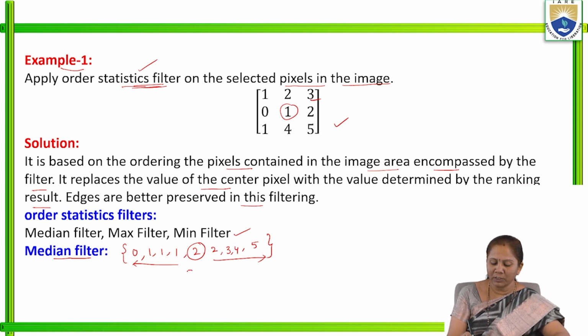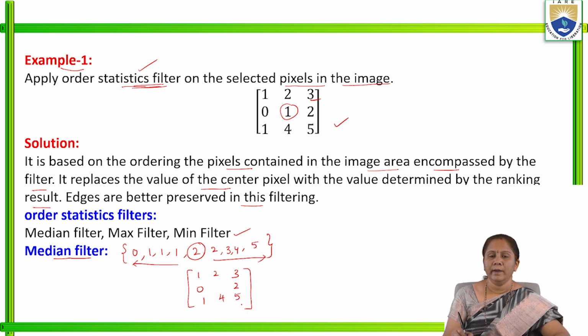The output image will look like 1, 2, 3, 0, 2, 1, 4, 5. All these are the edges of the image that will be preserved, whereas the center pixel value 1 will be replaced with 2. So this is the output image after applying the median filter.